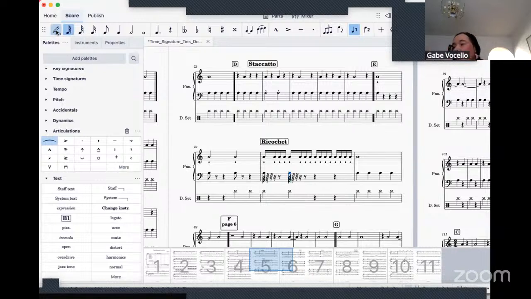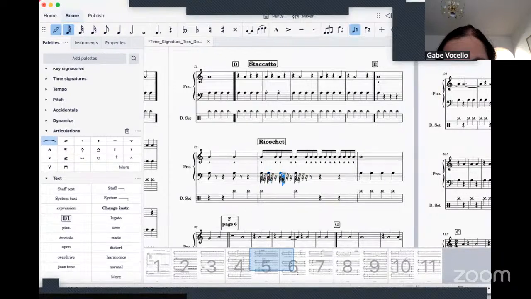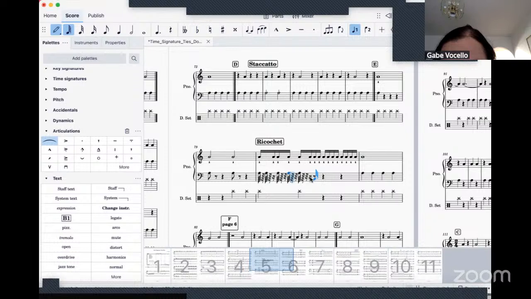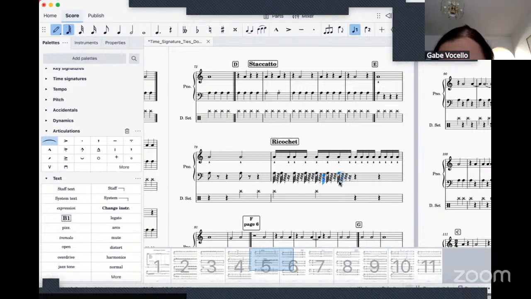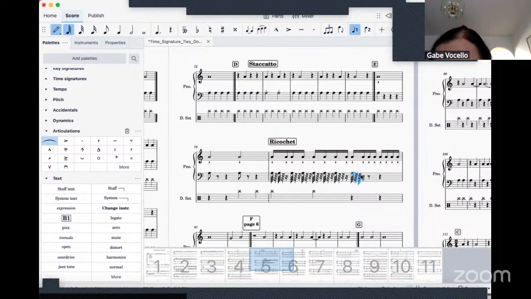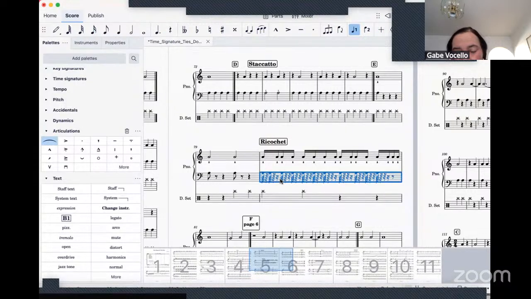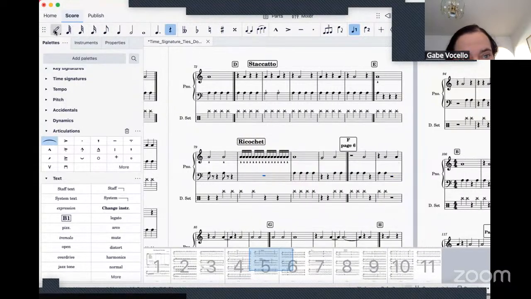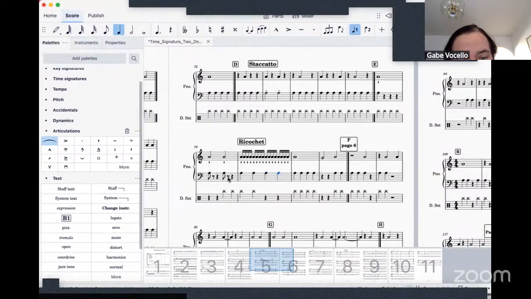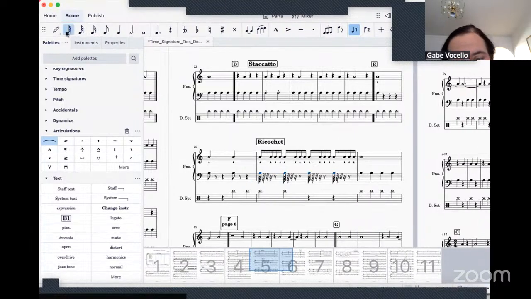Okay, I'm going to write here the execution one octave lower. Okay.